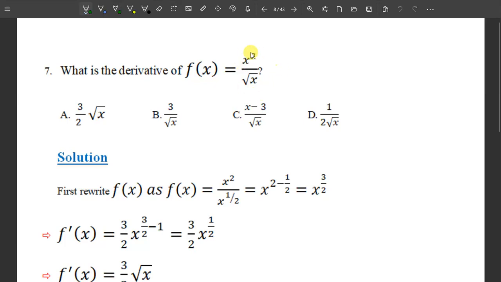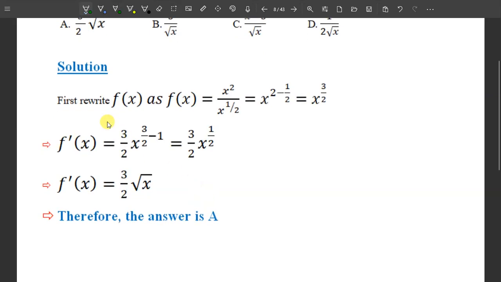Instead of applying the quotient rule of derivative, we simply write the numerator as x squared, and the denominator, radical x, can be written as x to the power of 1 over 2.